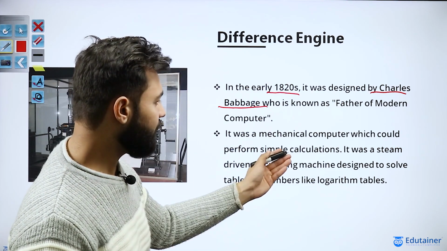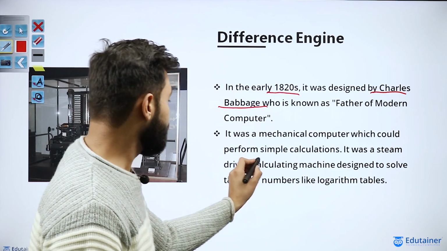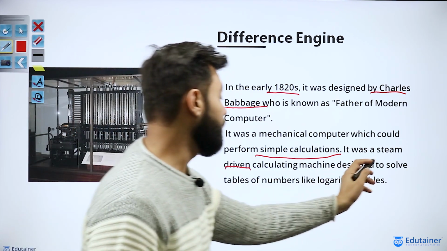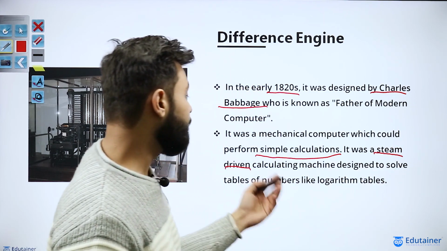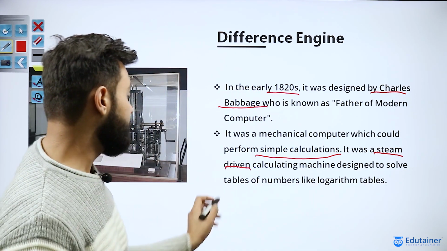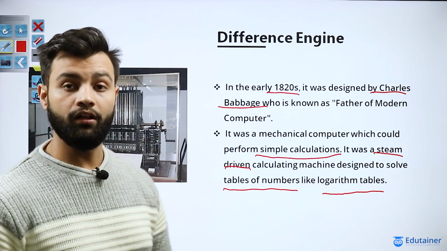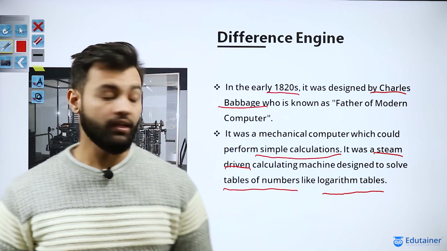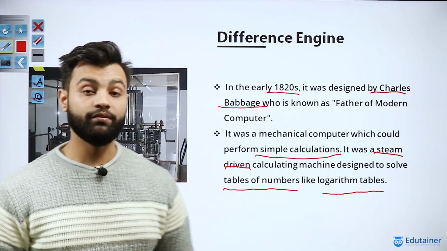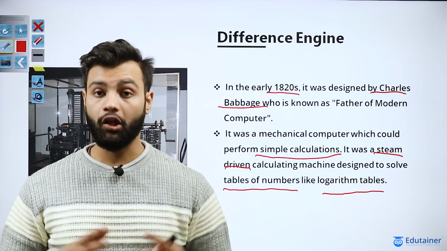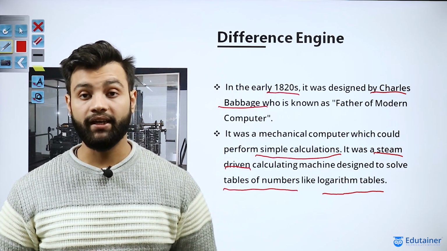It was a mechanical computer which could perform simple calculations, and it was string driven, a calculating machine device to solve tables of numbers like log tables. So it was used to perform some simple calculations, and even to find tables like the log tables that are very complicated.